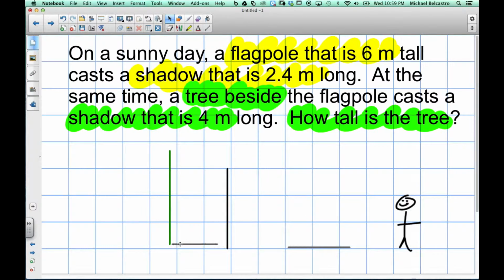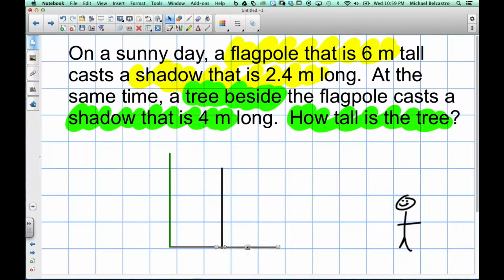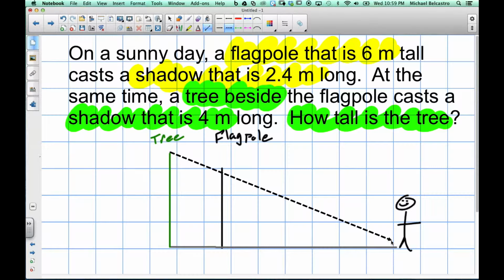Here's our tree, here's our flagpole, and what we'll notice is our shadows go all the way to there. We should label this our tree, this our flagpole, and they're going to take an angle down to here.